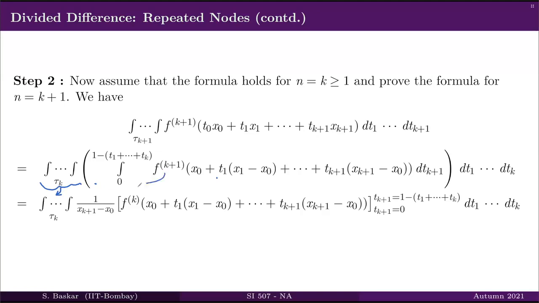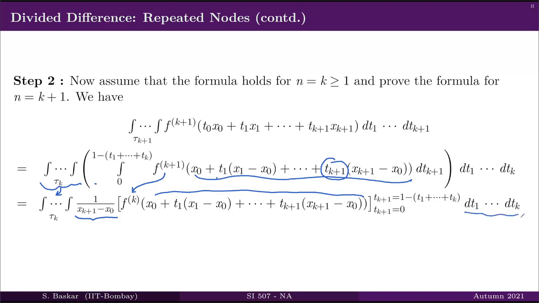Since we are integrating f^(k+1), one derivative became less here, and this argument is as it is sitting here. Since the integration is with respect to tk plus 1, we have its scalar multiple xk plus 1 minus x0 sitting in the denominator. Then we are taking the limit tk plus 1 equal to 0 to 1 minus (t1 plus t2 plus up to tk), and then outside we have dt1 up to dtk.